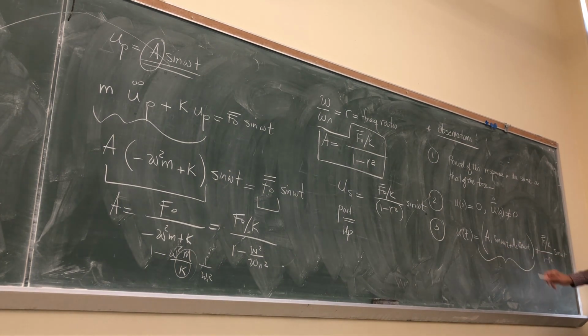This is, as I said, the homogeneous response or the transient part, which is dependent on the natural frequency. This is the steady state response, which is also a function of natural frequency, as well as the forcing frequency.